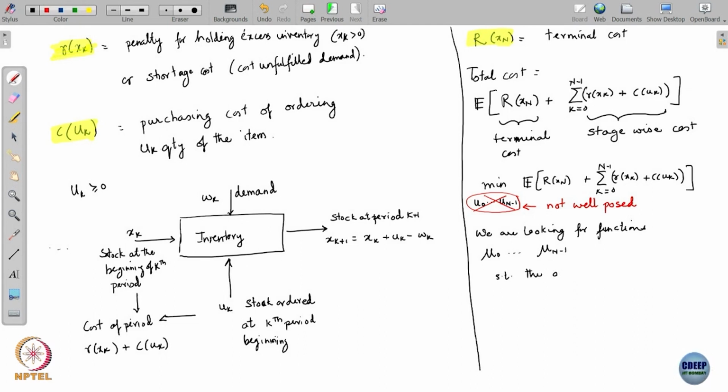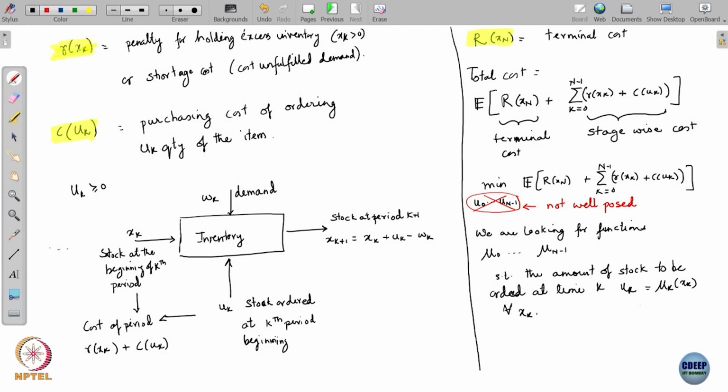the amount of stock to be ordered at time k, which is u k, is equal to mu k of x k for all values of x k.